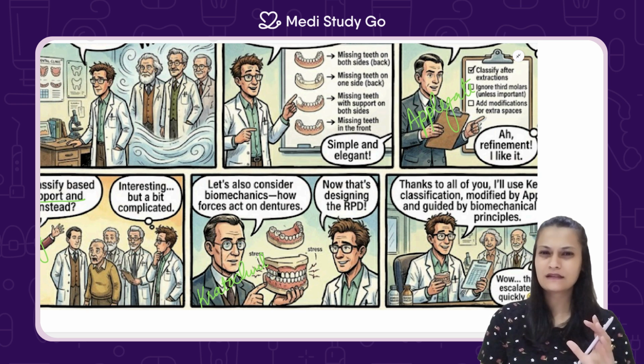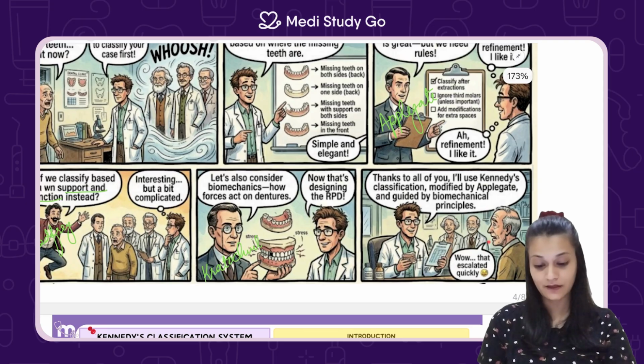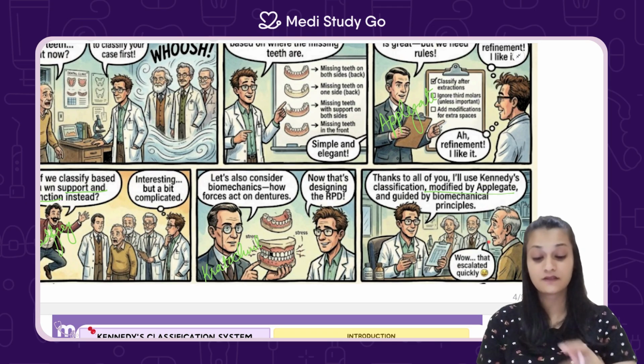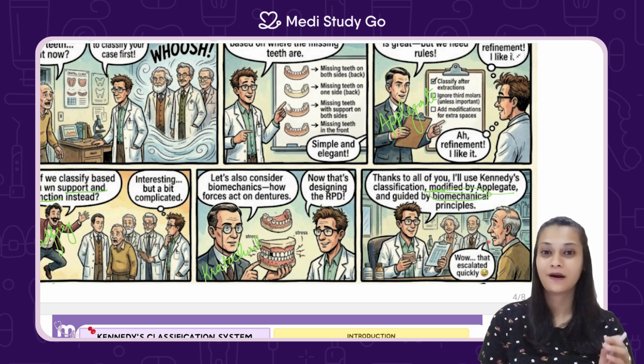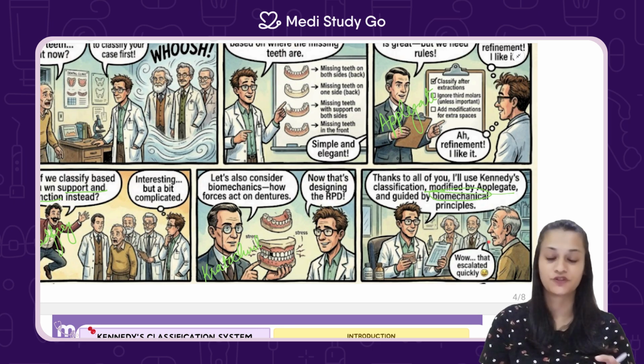So Kennedy thought, okay, what I can do is keep my basic design, use certain modifications of Applegate, and I'll be guiding this using Kratochvil's principles of biomechanics. And this is exactly how Kennedy's classification came into picture.